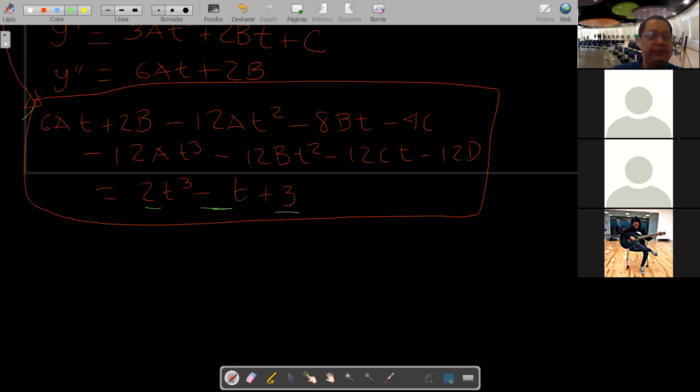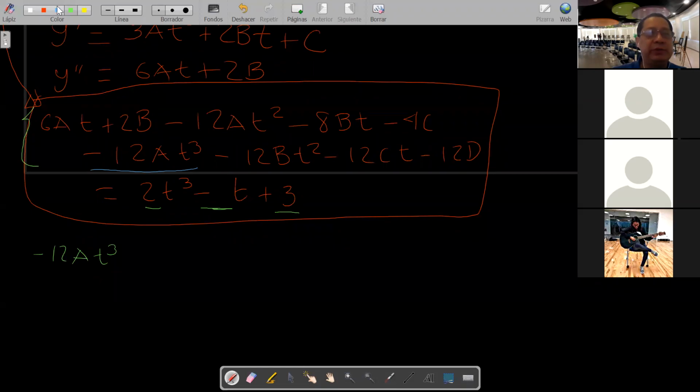So let's find the common terms and let's factorize them. So we have all of the terms with t cubed. Here is a term with t cubed, and I think it's the only one. So we have -12a times t cubed.